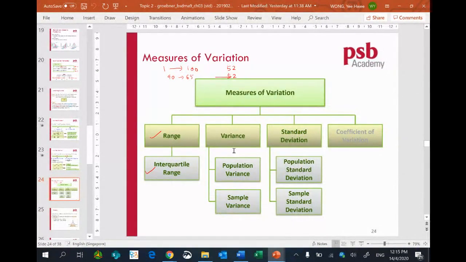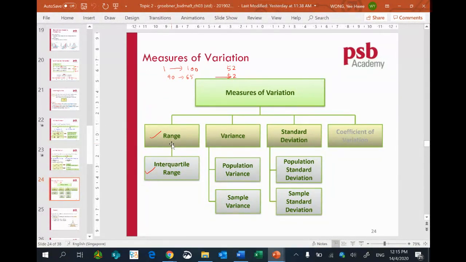Right. Then we move on to the variation, which tells us about the spread of the data set. We do have range, which you have seen in our first lesson. And range actually covers the smallest number and the biggest number. So it can give you a very huge range if there are extreme values.